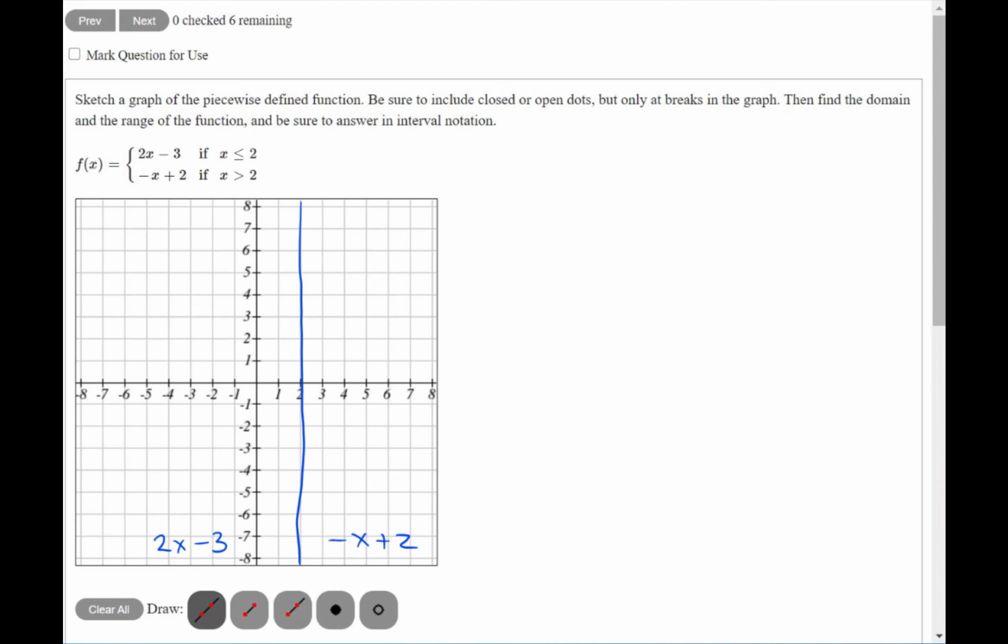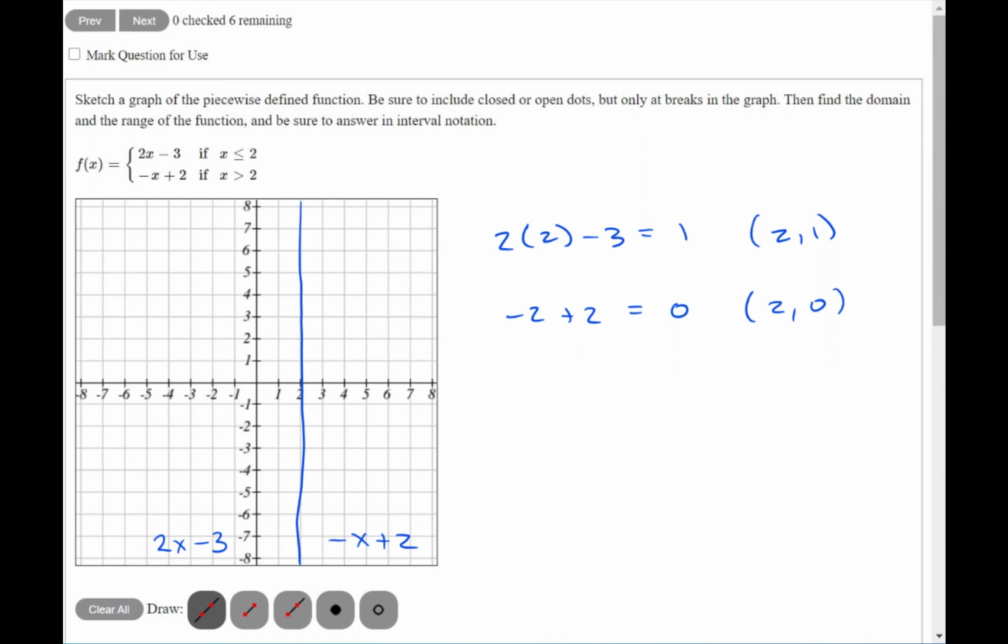So I'm going to take 2 times 2 minus 3, and then I'm going to take negative 2 plus 2 and evaluate each of these. So this gives me 4 minus 3, which is 1, so that's at the point 2, 1. And this becomes 0, so this is the point 2, 0.